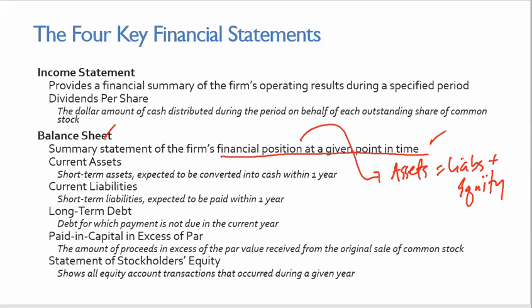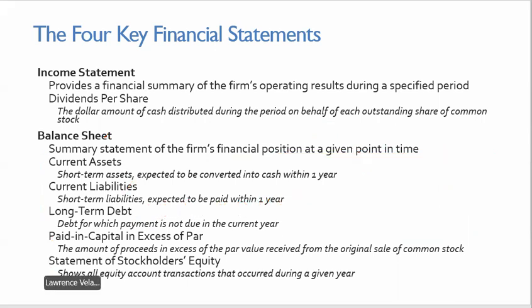Assets and liabilities are frequently categorized into current assets and current liabilities, and non-current assets and non-current liabilities or long-term debt, and equity. We won't review it one by one anymore.